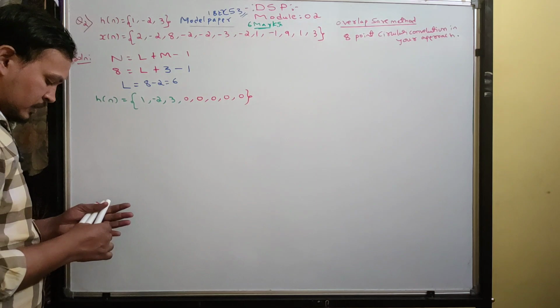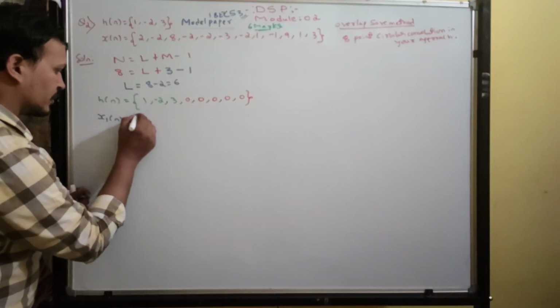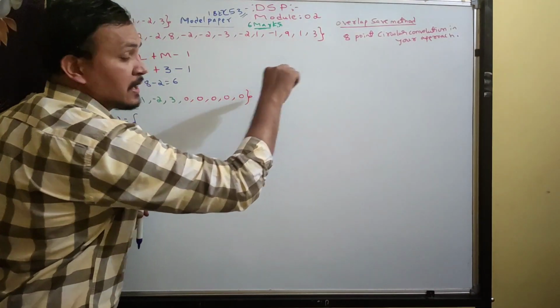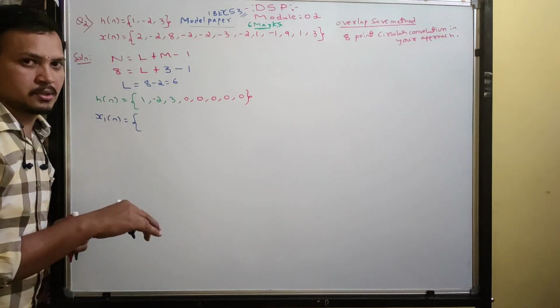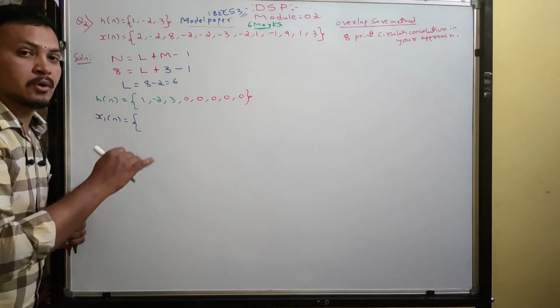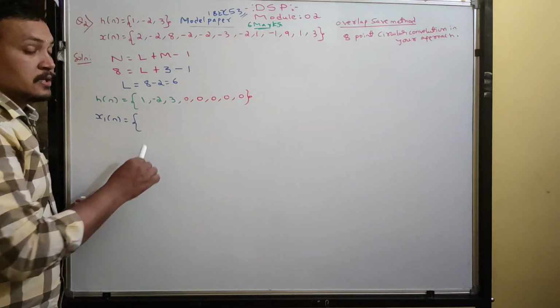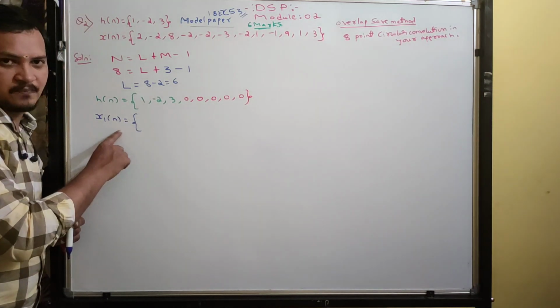Then what about x1 of n? See, in the overlap save method, right at the start you should save zeros. How many zeros are you going to save? M minus 1 zeros is applicable only for the input.